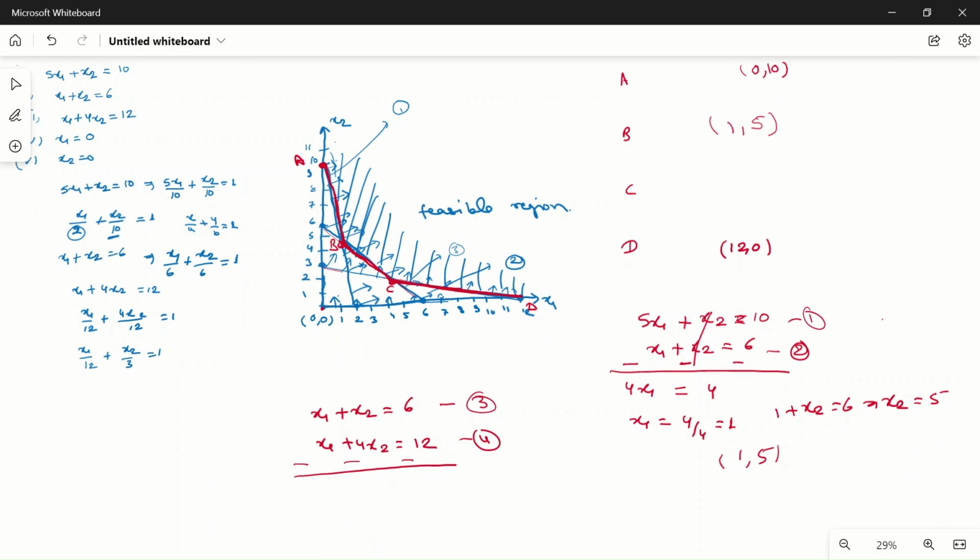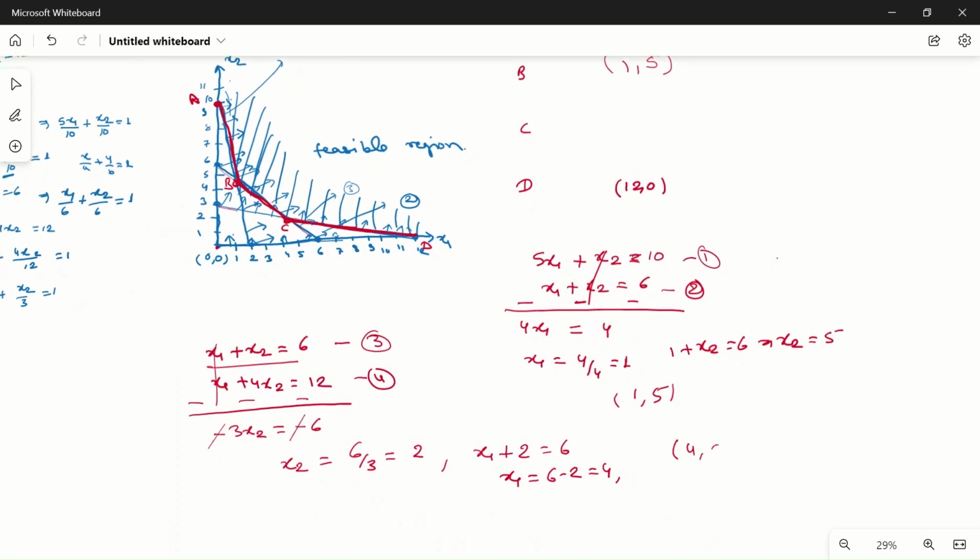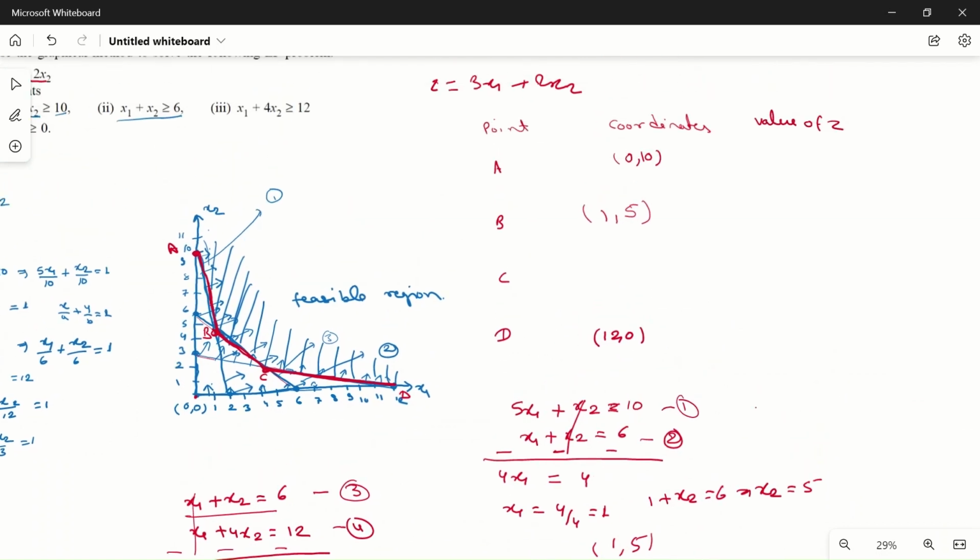It will be x1 minus x1 is equal to 0, x2 minus 4x2 is minus 3x2, is equal to 6 minus 12 is minus 6. So the minus sign will cancel the minus sign, x2 will become 6 by 3, which is equal to 2. Putting the value of x2 in equation number 3, we get x1 plus 2 is equal to 6. So x1 is equal to 6 minus 2 is equal to 4. So the coordinate will be 4 and 2. We will write the value 4 and 2 here.